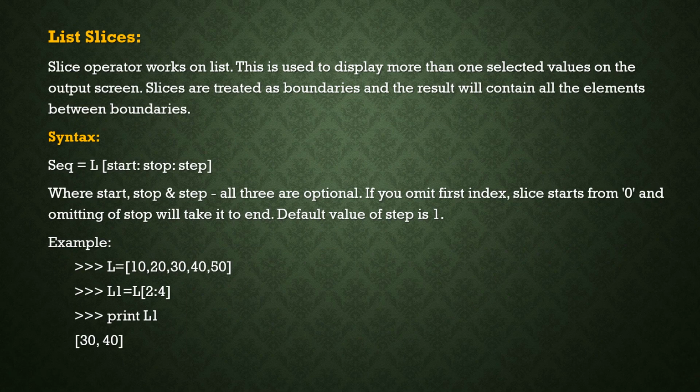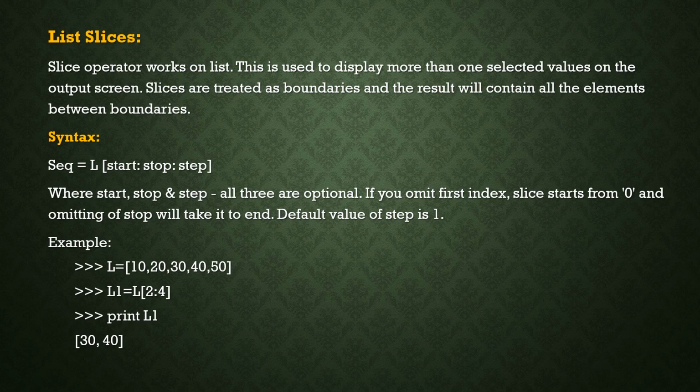Index 1 indicates 20, and 2 indicates 30. So 2 to 4 means 4 minus 1. Here 2 means 30 and 4 minus 1 is equal to 3. Index value 3 indicates the value 40. So 30 and 40 will be displayed.